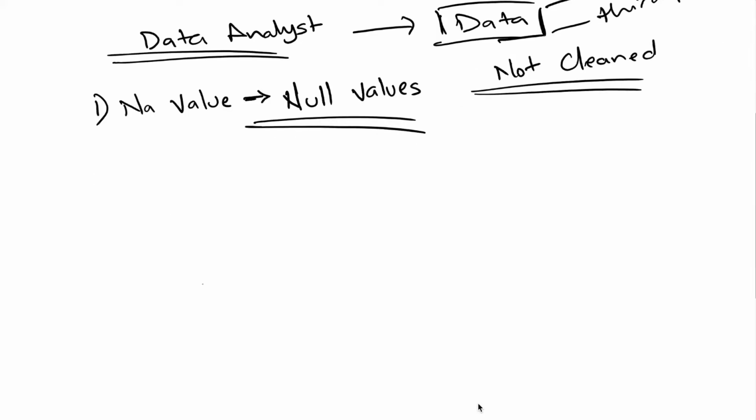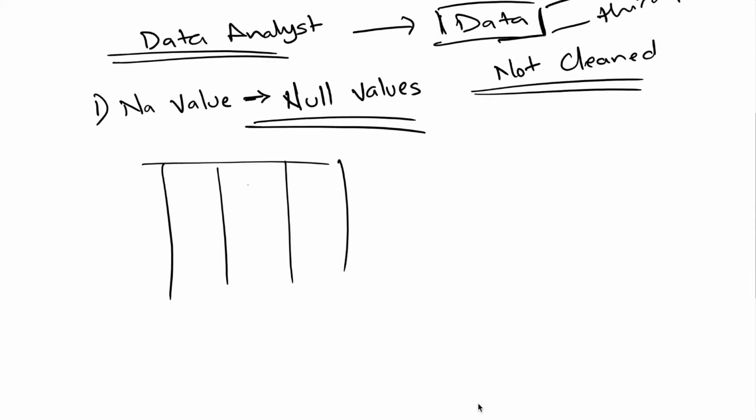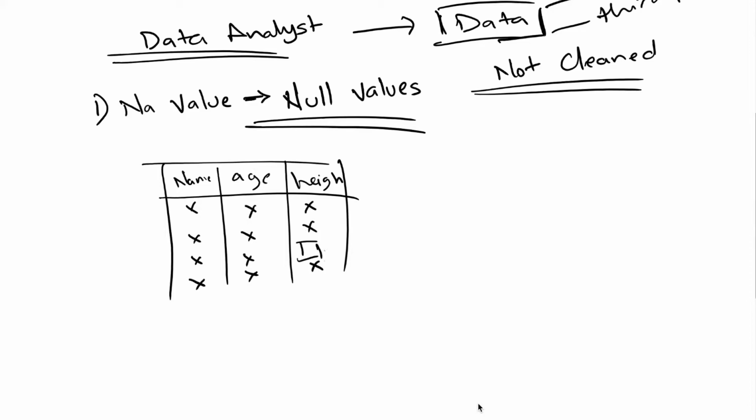Null values are basically, let's say this is your data set, and this is your name, age, height. Let's just consider this as the 3 variables. Now let's say you have 4 people who did the survey, you've got 4 ages, and let's say you've got 1 missing height. So this 1 missing height is your null value, because you do not have any data for that specific row.